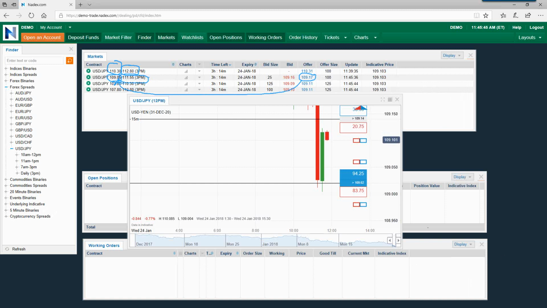If your bias is to the short side, again, you still have the floor and the ceiling, but I want price to go down. So I want to sell a ceiling that is closest to price.